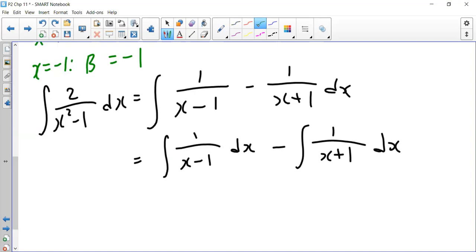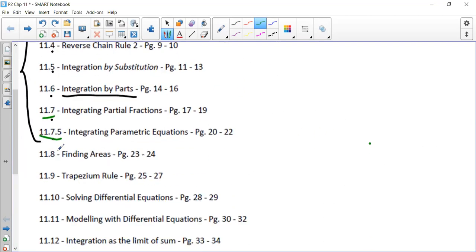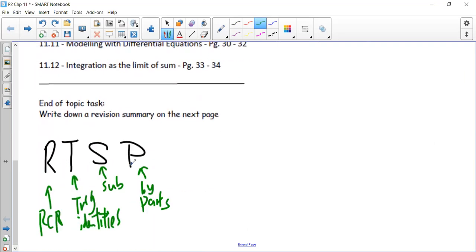Next, remember what we talked about last lesson, or if you don't know it, I did mention a skill that we use, which is called RTSP. This is your chain of thought, what you should be thinking when it comes to integrating any expression. The first thing that comes to mind is RCR, reverse chain rule.